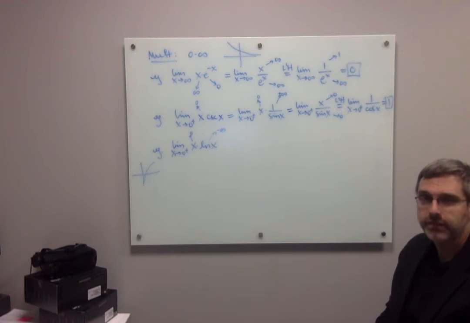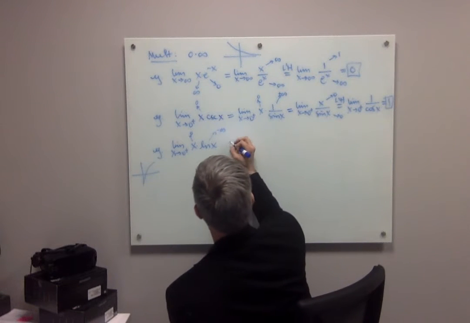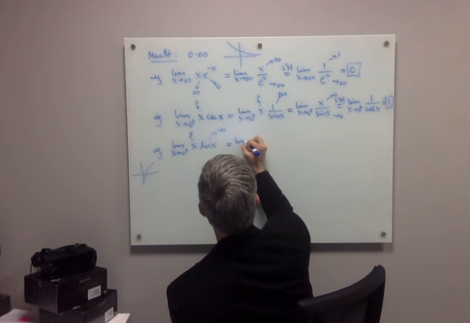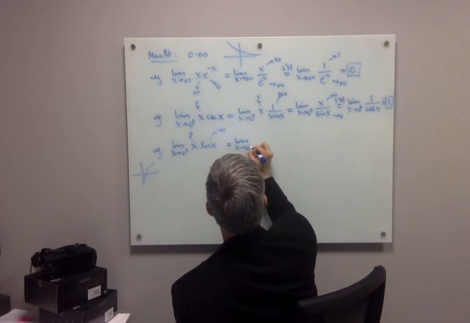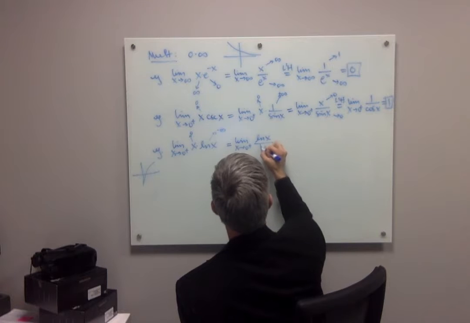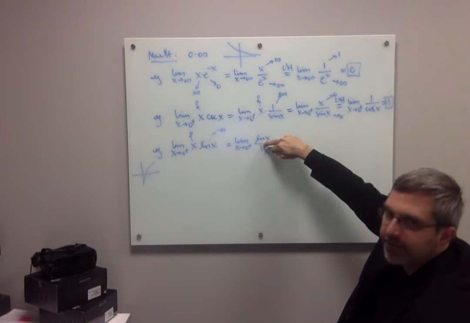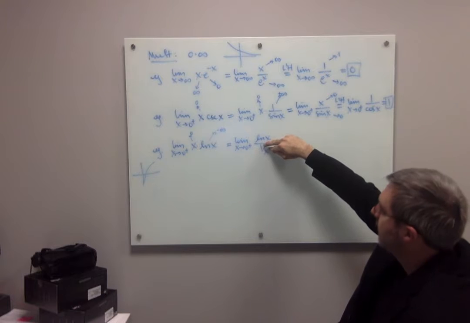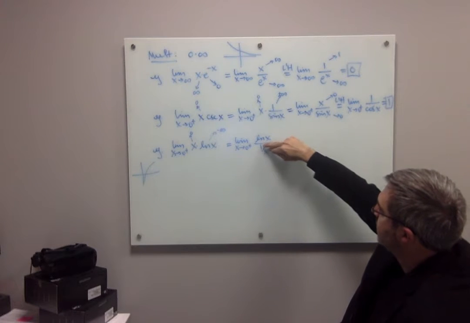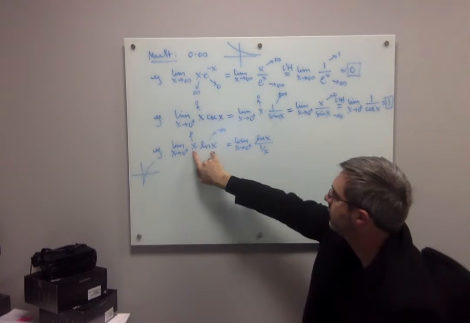So what I'm going to do, you're used to doing this the other way, but what I'm going to do is take the x and flip it on the bottom and make it 1 over x. You're used to taking a fraction in another fraction, and when it's in the denominator, flipping it up and making it x over 1, which would give you this.